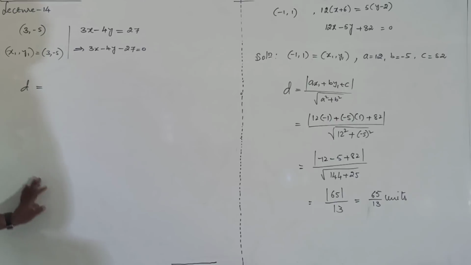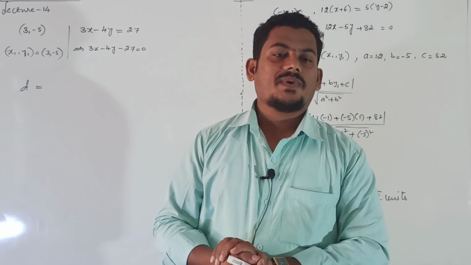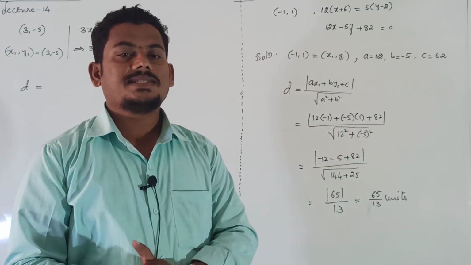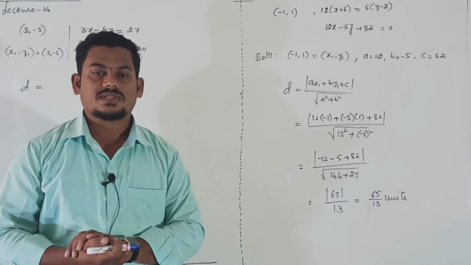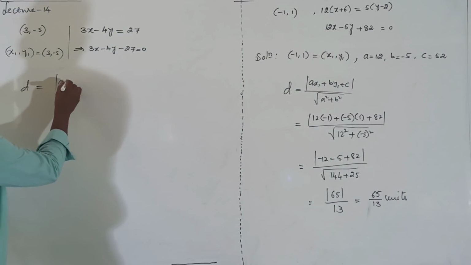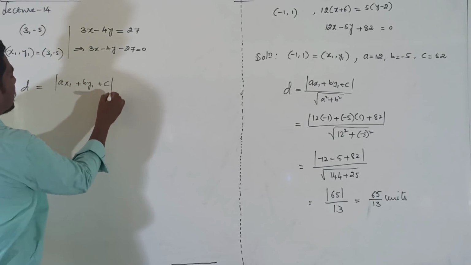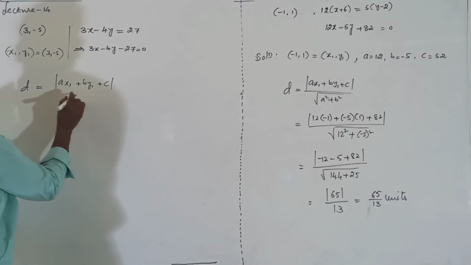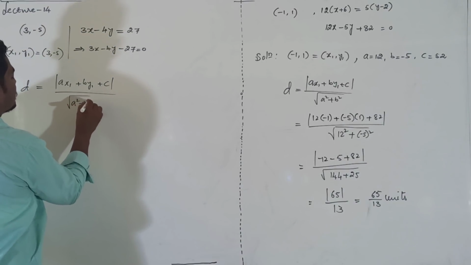D is equal to, first write the formula. What is the formula? Distance of the point from the line. D is equal to modulus of, modulus because distance is always positive, modulus of (ax1 + by1 + c) divided by square root of a square plus b square.